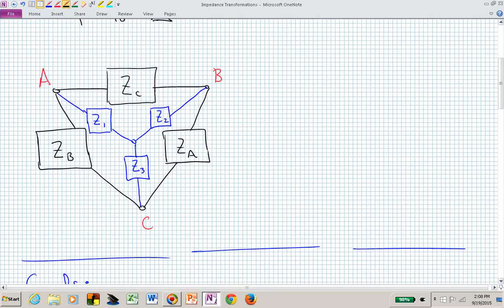Now we have Z_3 not connected to anything, it's off in space. That presents an infinite impedance, and for that reason the only impedance between terminal A and B is the sum of Z_1 and Z_2.